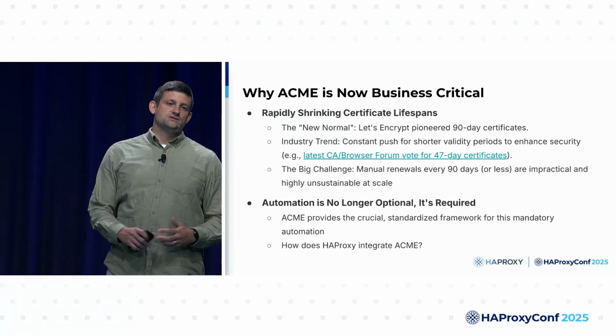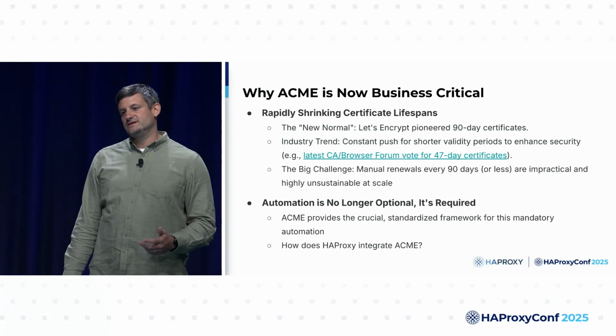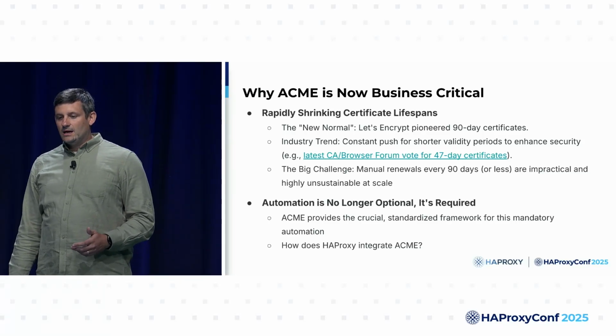Second, it's not a static situation. This situation is moving. We've seen in the latest CAB Forum ballot that happened in April that they voted to reduce the maximum public TLS certificate validity from 398 days to only 47 days. The goal of this is to have better security through faster rotation of certificates.